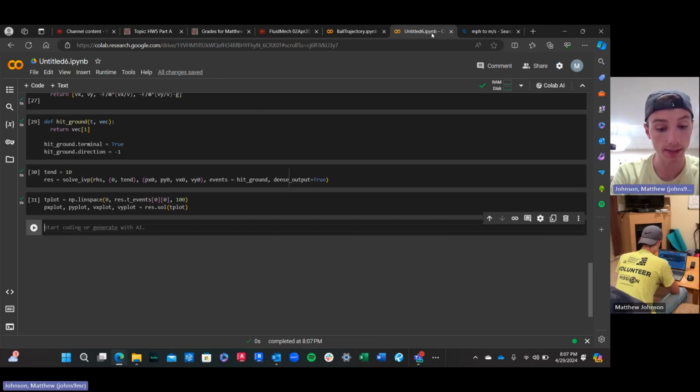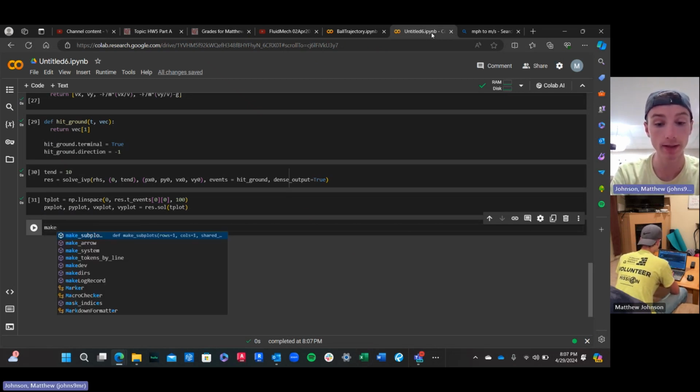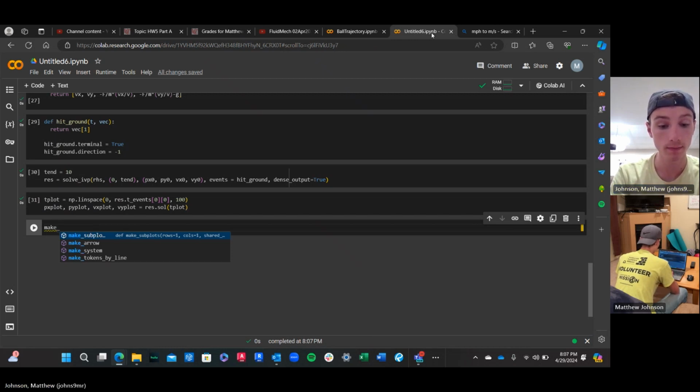And now we can execute the make subplots command that we've already imported. We'll call this figure 2.